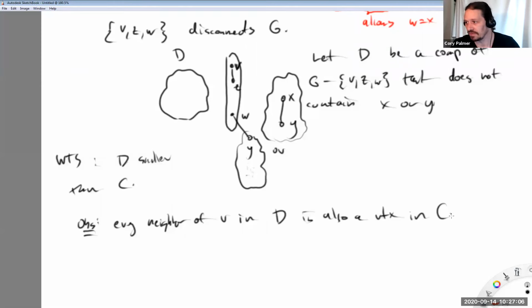And you can just think of it as a set of vertices in the original graph, right? The vertices that span that guy there. So let me draw a picture here. So any vertex in D here that is adjacent to V, do there exist vertices like that?